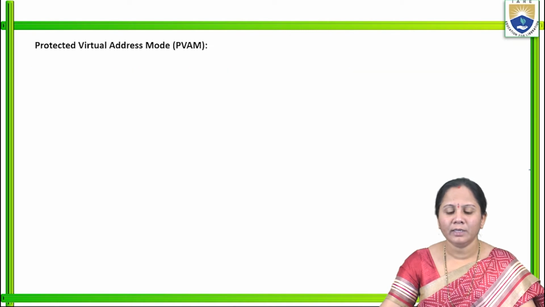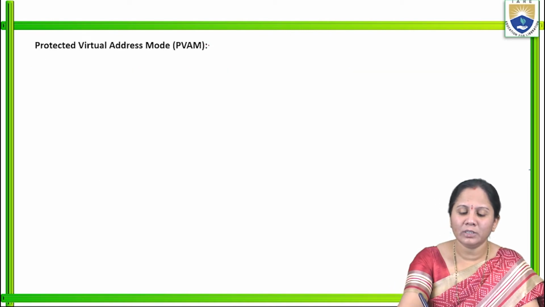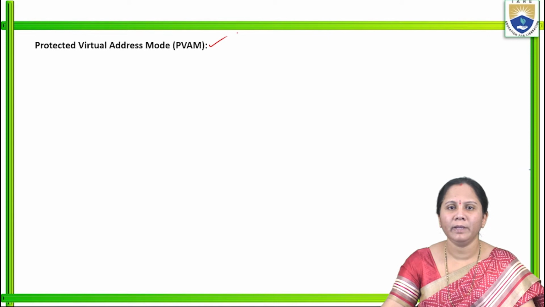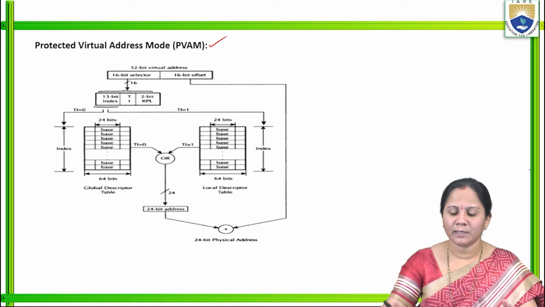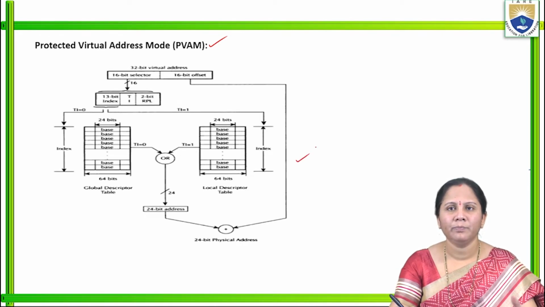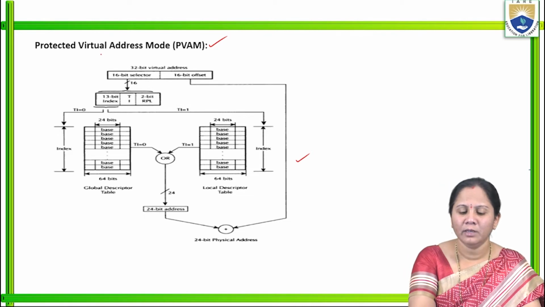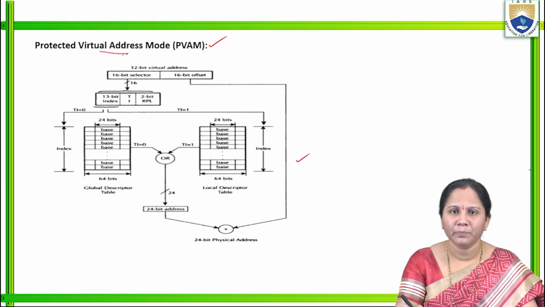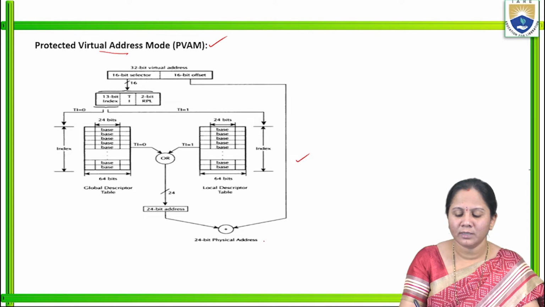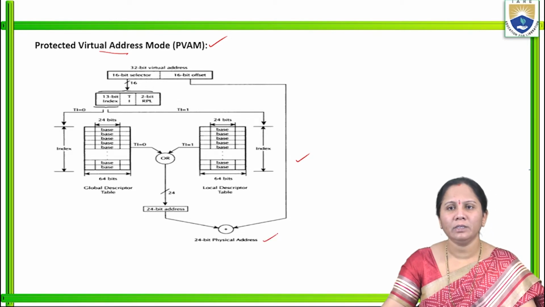But here the address calculation in the protected virtual address mode will be different, because the 80286 is a 24-bit microprocessor. So using this diagram here, protected virtual address mode, based on this, it is going to calculate a 24-bit physical address.